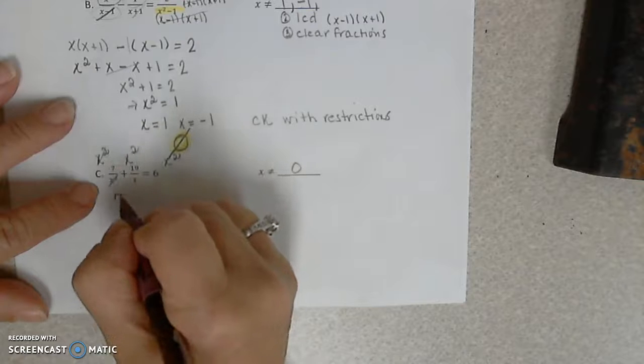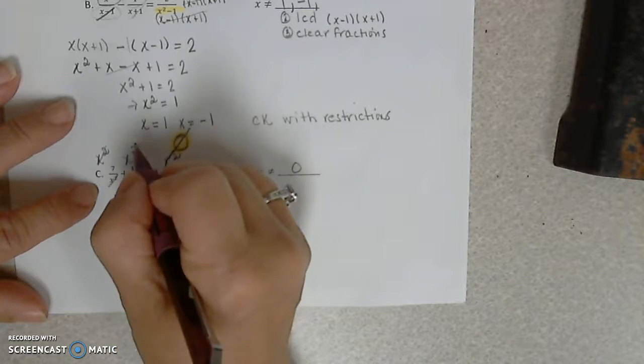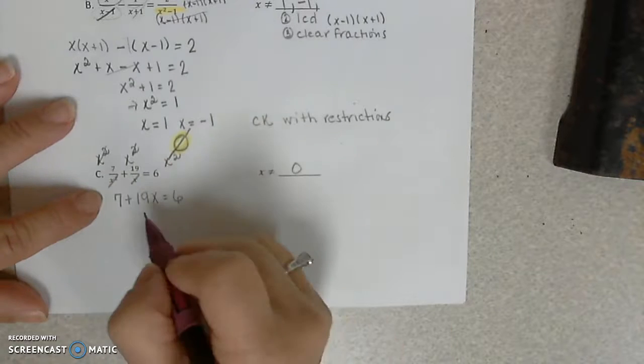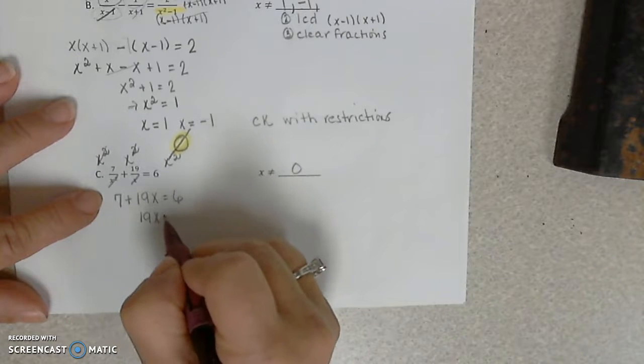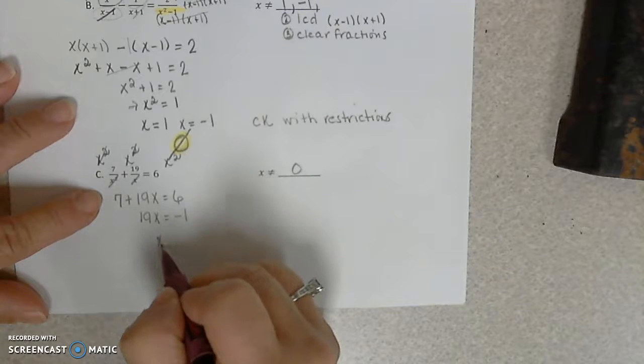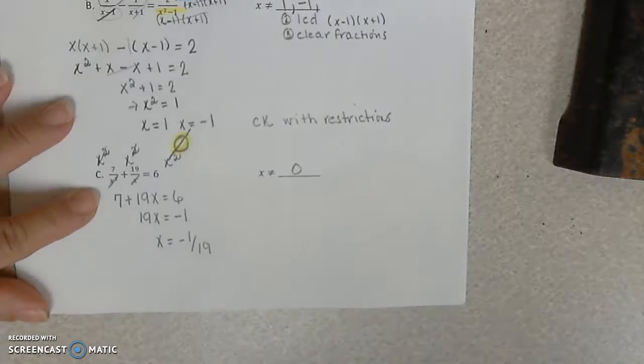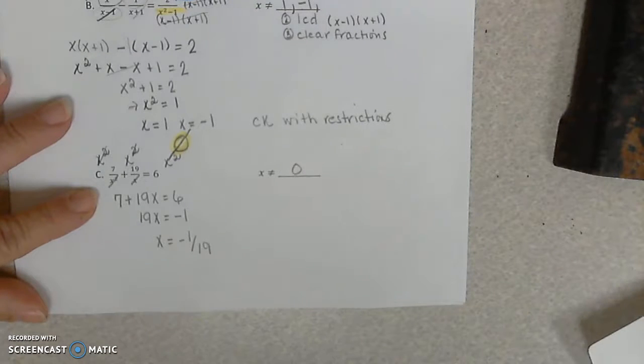The x squares cancel. One of the x's cancel. Subtract 7 from both sides. And it looks like x is negative 1 over 19.